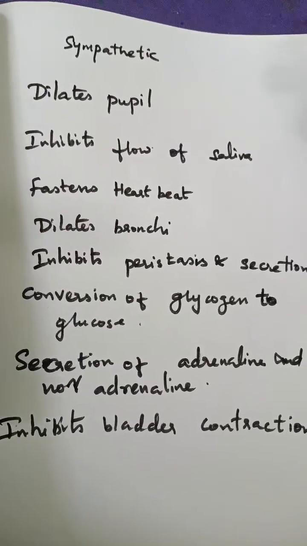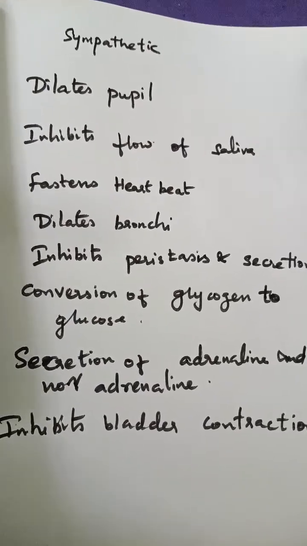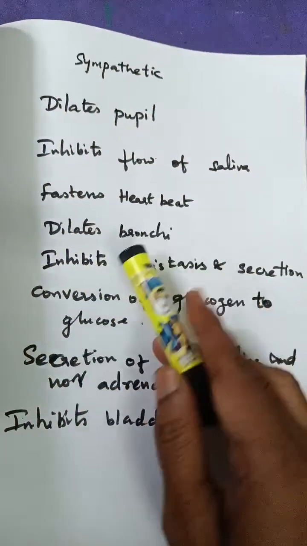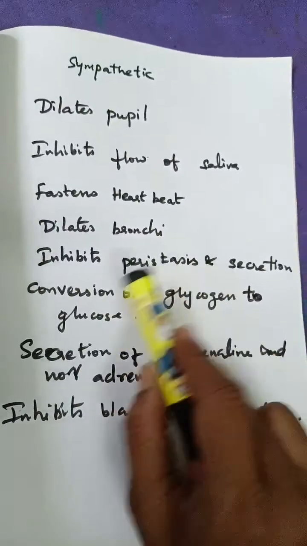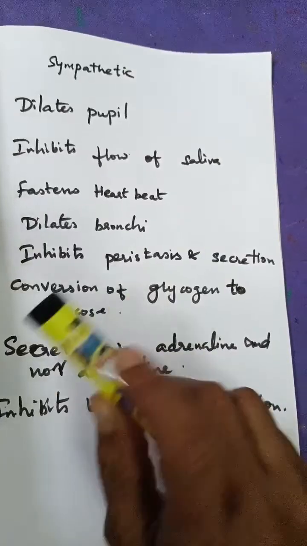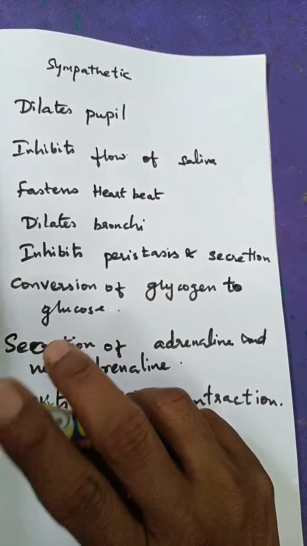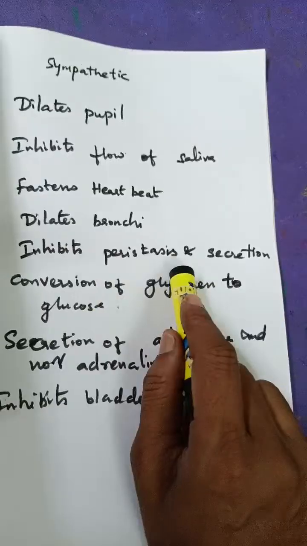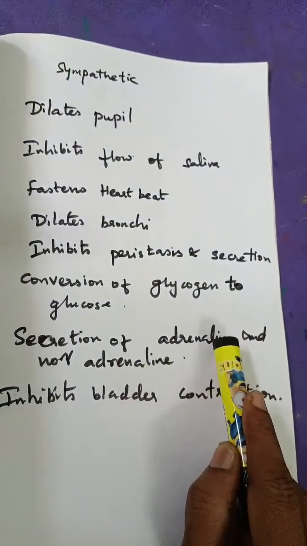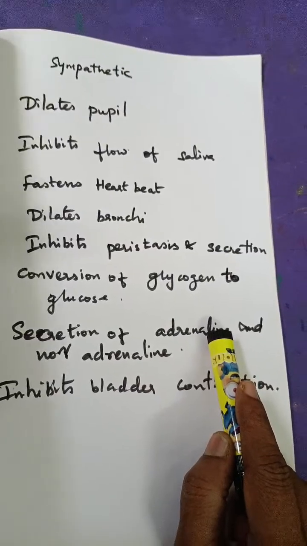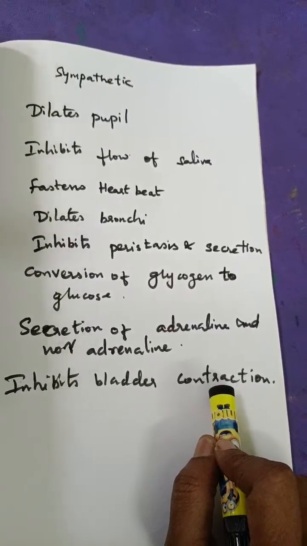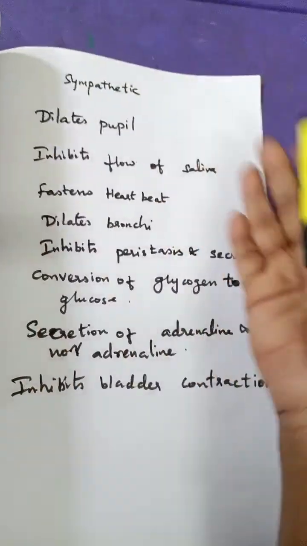Glands will release their secretions. The sympathetic dilates the bronchi and inhibits the peristalsis, and it converts glycogen to glucose, whereas the parasympathetic is the opposite. The next is secretion of adrenaline and noradrenaline. These are the fight or flight hormones. And it inhibits the bladder contraction. So this is about the sympathetic and parasympathetic.